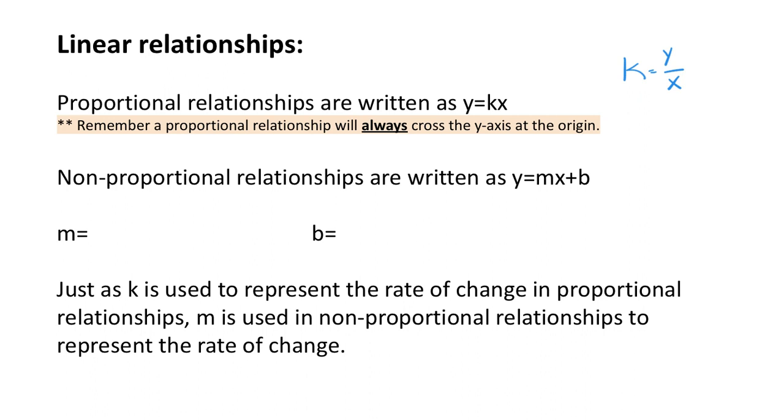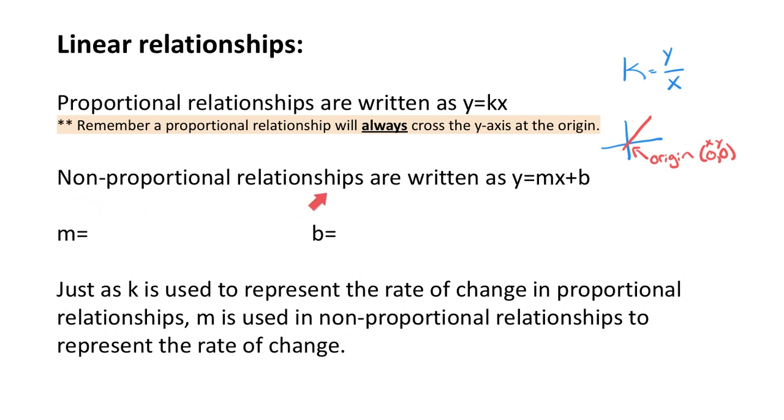So if I am graphing a proportional relationship, the line is always going to go through the origin. And the coordinates for the origin are 0, 0. So when x is 0, y is going to be 0 on a proportional relationship.